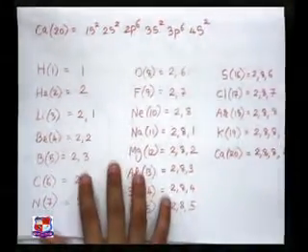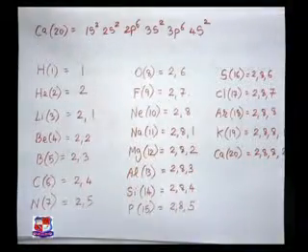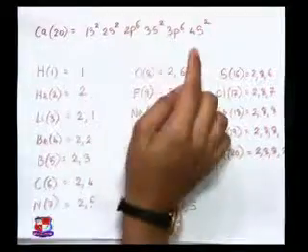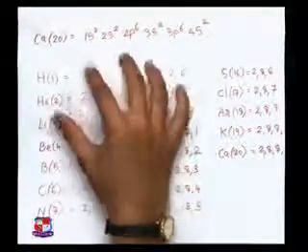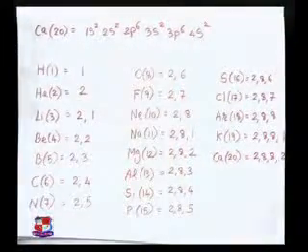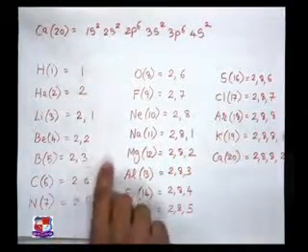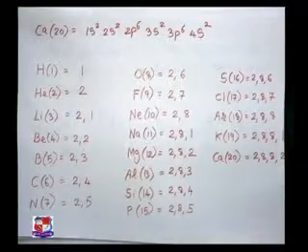Now look at calcium, the last case, element 20. You write 1s2, 2s2, 2p6, 3s2, 3p6, 4s2. Based on atomic numbers, you can also write the shell configuration, which is very simple.